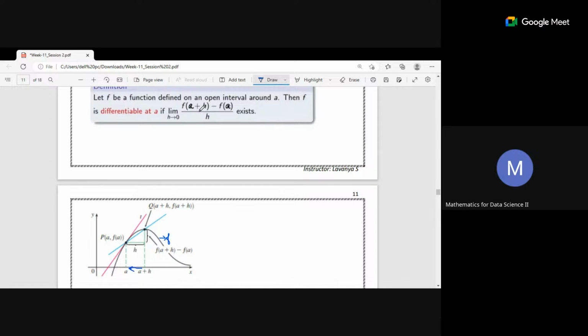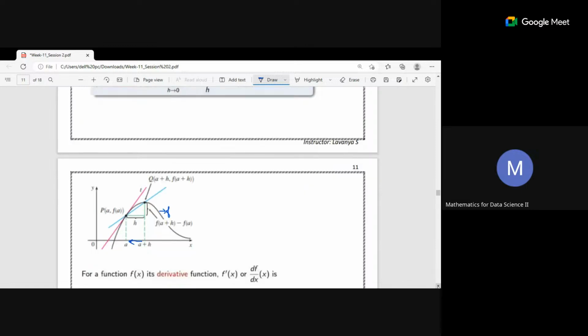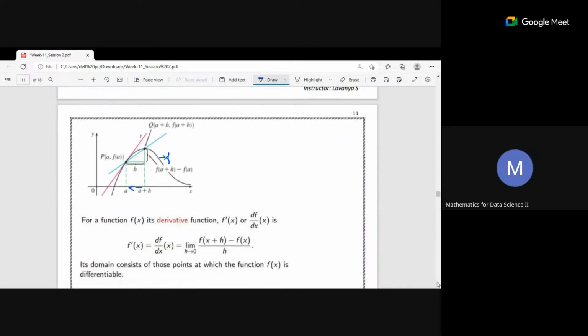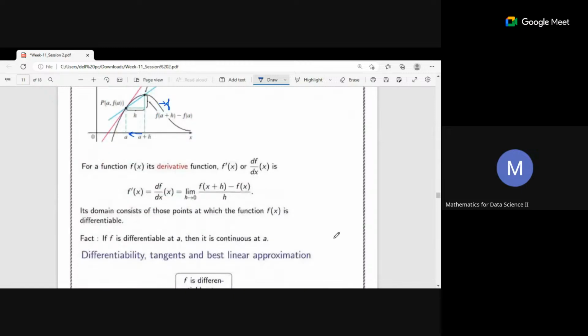So now, what is the analogous concept for multivariable functions? In general, you also define the derivative function the same way. So f dash of x is defined in this way, and its domain consists of all those points at which f is differentiable. You also have this very important fact: differentiability at a point implies continuity at that point.